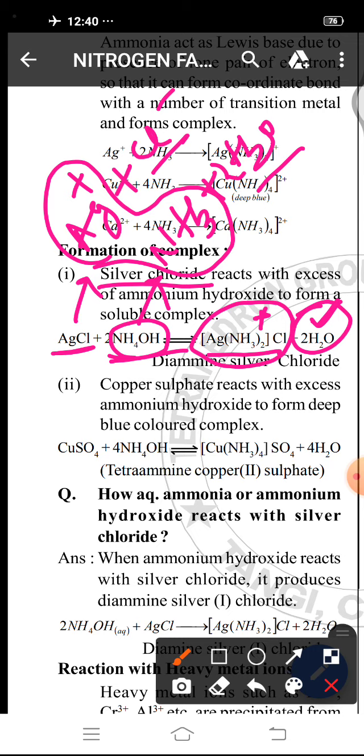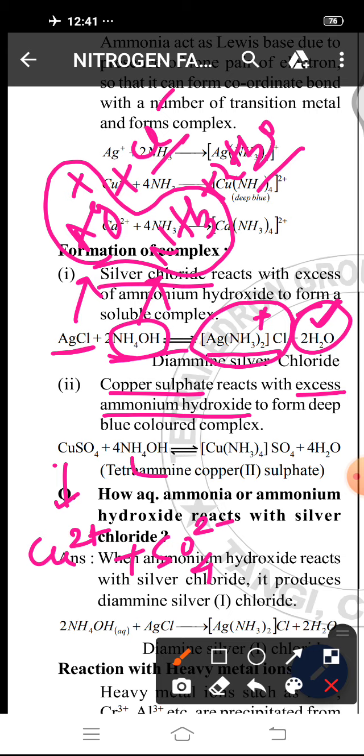Like this, when copper sulfate reacts with excess ammonium hydroxide, copper sulfate dissociates to give copper 2 plus and SO4 2 minus, and NH4OH is formed by reaction of ammonia with water. 4NH4OH means 4 ammonia reacts with 4 water.